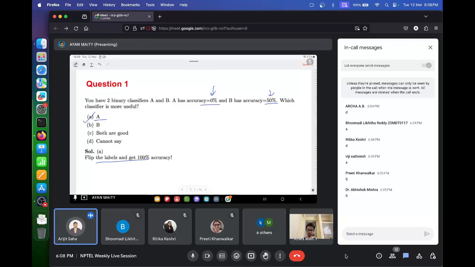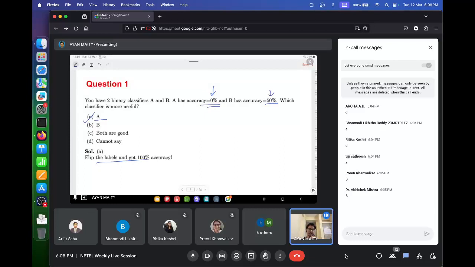For binary classification, if the accuracy is less, then it will be more useful than the others. Yeah, in case of binary classification only. For more classes, it would not work. I mean, specifically for 0%, but if it is more than 0%, it depends on the problem basically, whether just flipping the output would be more useful or not.